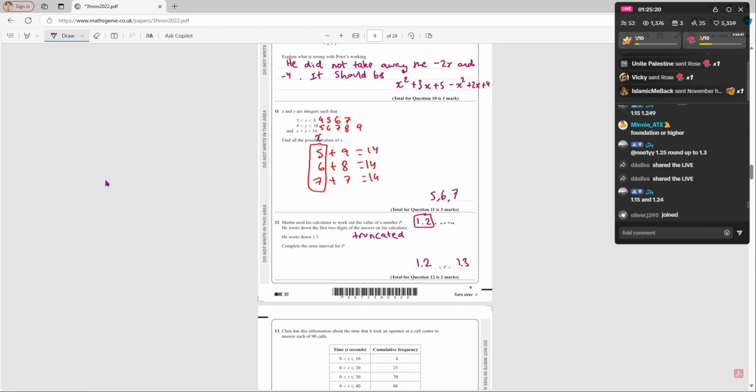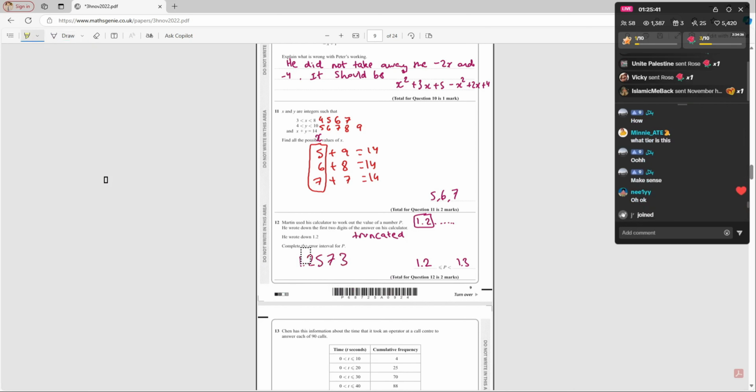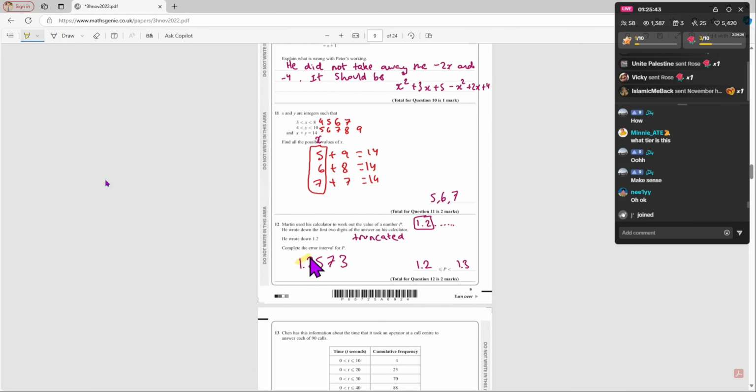He just looked at the first 2 digits, so his answer was probably like 1.2573. He just took the first 2 numbers and put them down. And now we have to write the error interval for that.